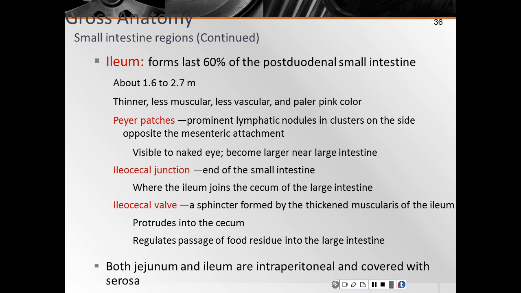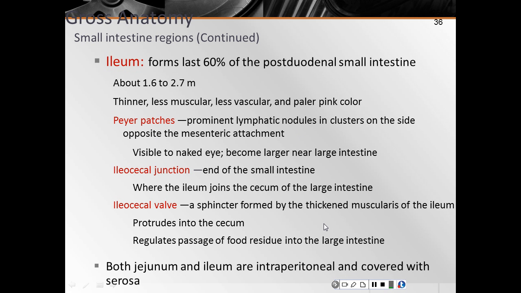Compared with the duodenum, its wall is thinner, less muscular, and less vascular, and it has a paler pink color. On the opposite side from its mesenteric attachment, which is on the back side, which you can't see, the ileum has prominent lymphatic nodes in clusters called Peyer's patches.